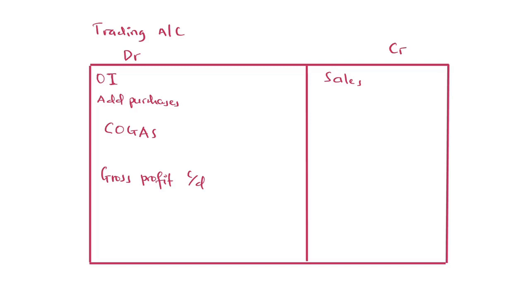So we are going to start with the opening inventory, which in our question it was 0. Then add purchases, which we've been given as 2,300,000. Then the value here is going to be 2,300,000. And this is going to be cost of goods available for sale. Okay, so next we are going to record the sales value, which is 3 million.